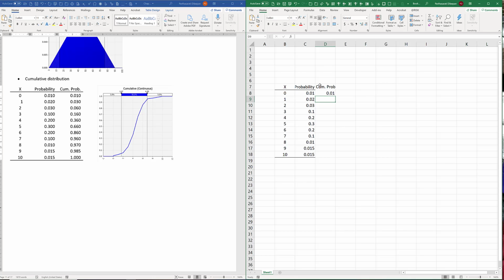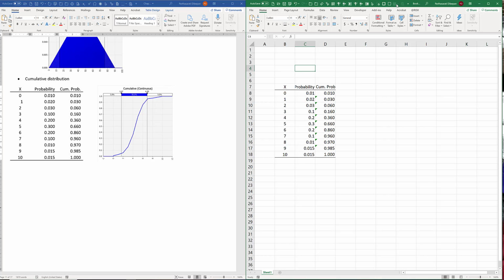So when you copy, the first C8 will remain fixed at C8, the second C8 will change, so you'll get the cumulative probabilities. And the last probability, of course, has to be 1. So it has to accumulate to 1.